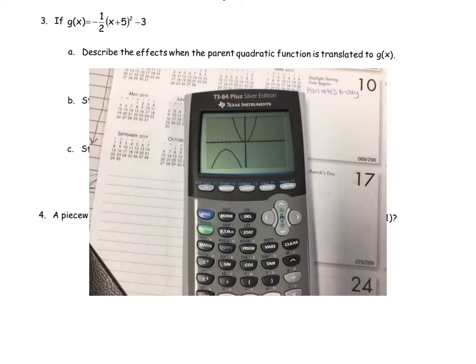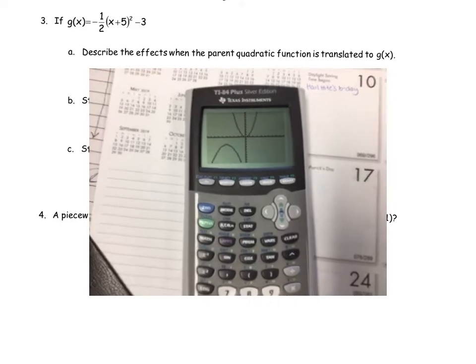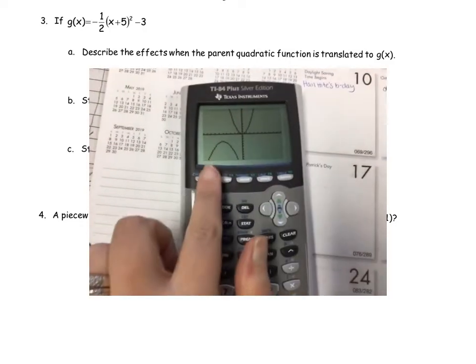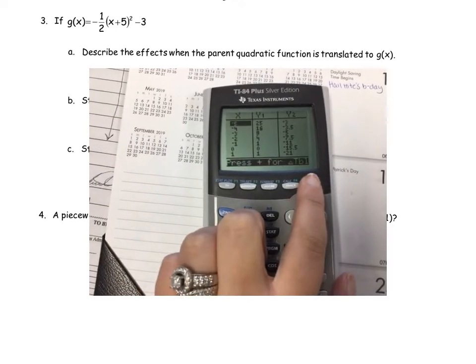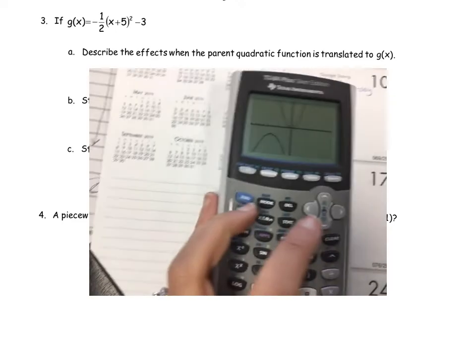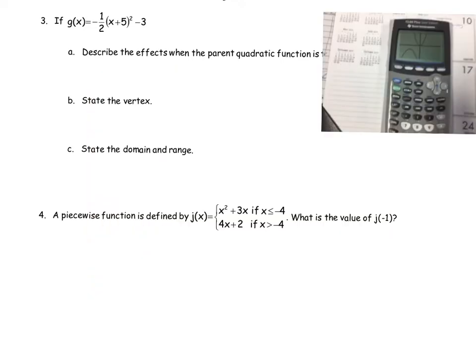So what are the effects here? When I graph both in here, remember, this is what you should be putting in, y1, y2. This is the tables. This is what it looks like. How do you compare the two? It's flipped. It's shifted left. Then it's 3 units down.